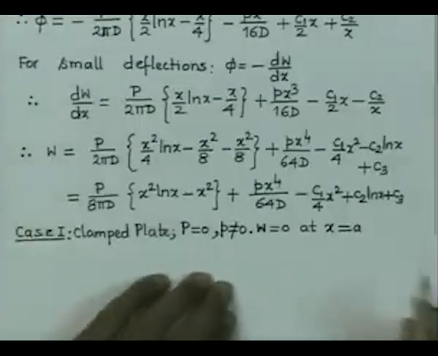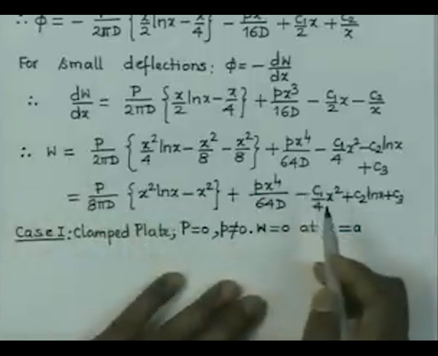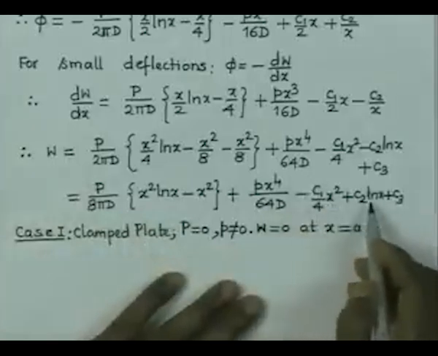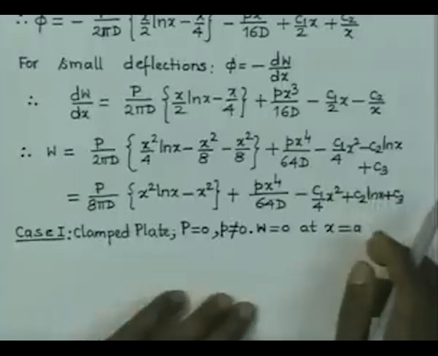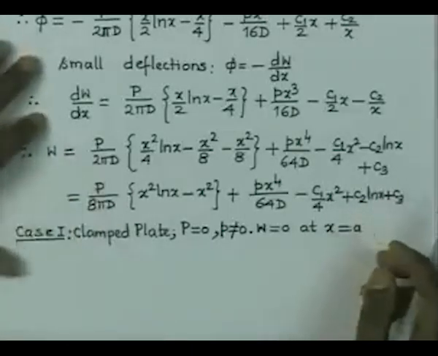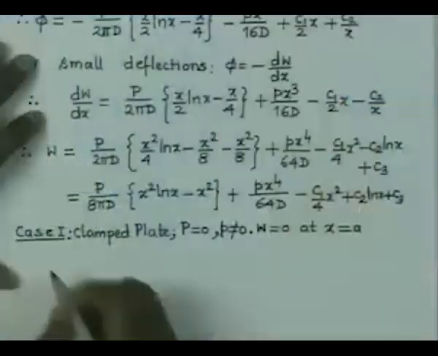Now, the expression for w that we have here, it means that if you try to calculate the deflection at the point x equal to 0, that is at the center of the plate, this term will shoot to infinity, but we cannot have infinite deflection at any point on the plate. So, for finite deflection everywhere, we must have this constant C2 equal to 0.